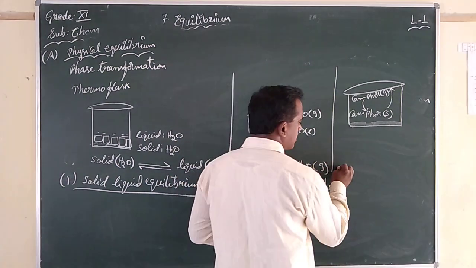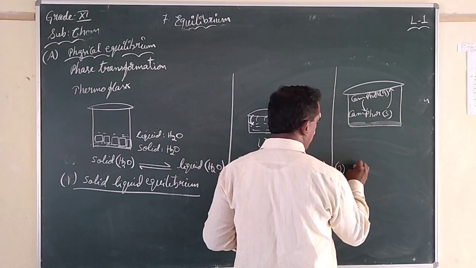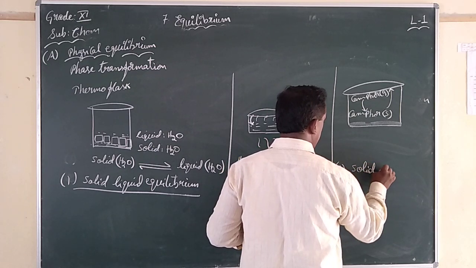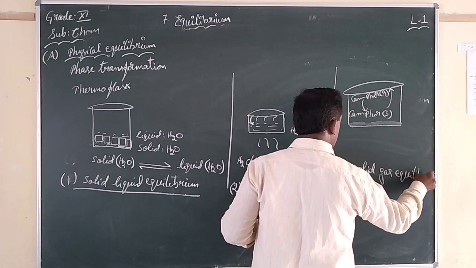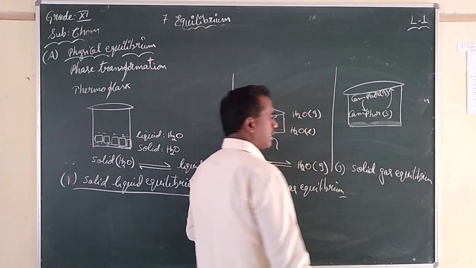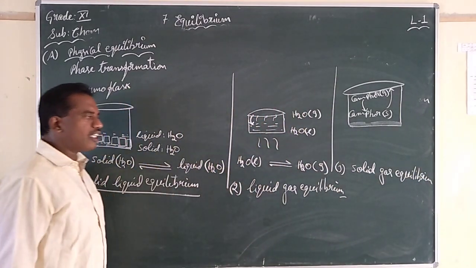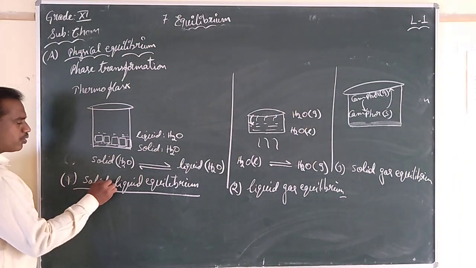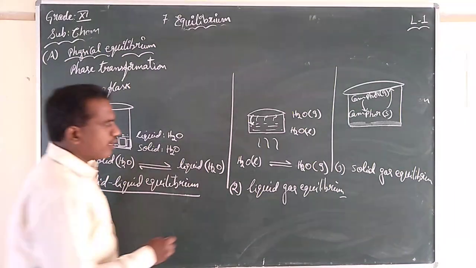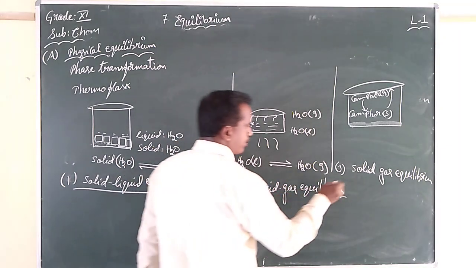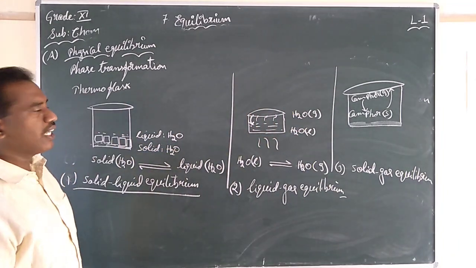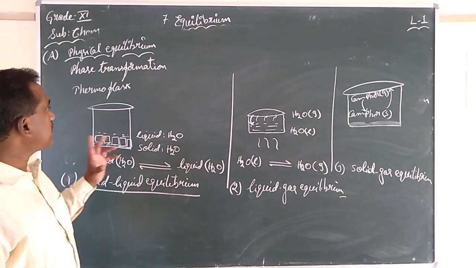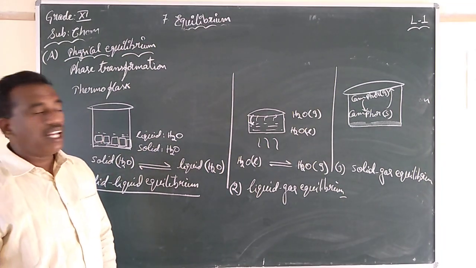So we say the third type of equilibrium is solid gas equilibrium. How many types of equilibriums did we get, children? Solid liquid equilibrium, liquid gas equilibrium, and also solid gas equilibrium, under the title called phase transformations or the physical equilibrium.